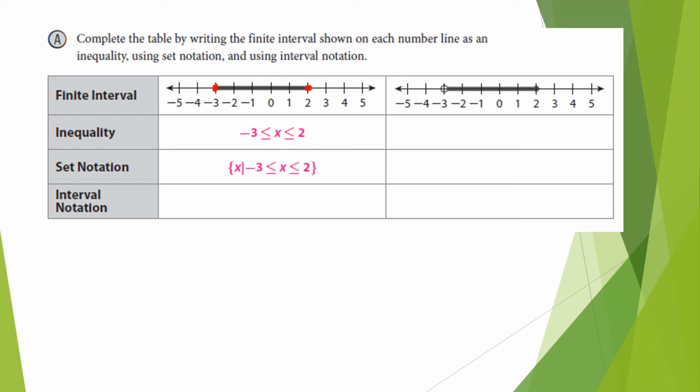I want to remind you about sets: when we write a set, that means we're writing elements. Here I have an infinite number of elements, so I'm going to write that this set includes X, and this line is called "such that."